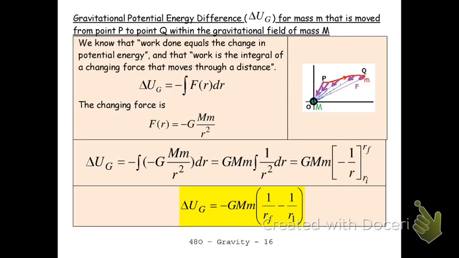So it's all right me saying that delta Ug is equal to work, which equals F dot D, but this is a variable force as distance changes. So I need the calculus form. Delta Ug equals minus the integral of Fr dr. Fr is a thing. It's not F multiplied by R, it's Fr. It's like Fr dr.